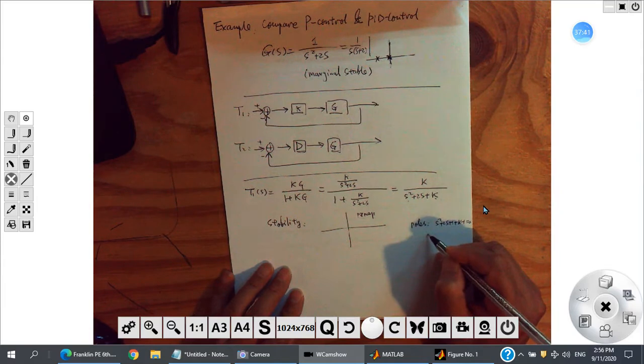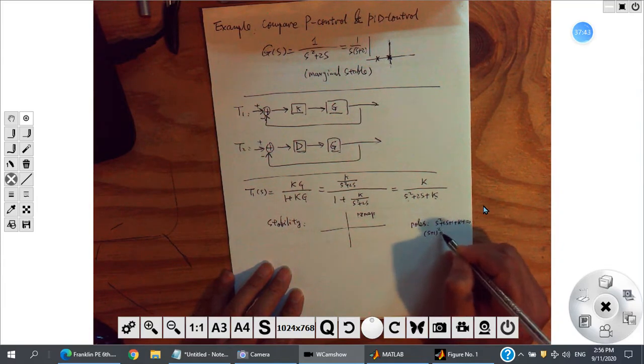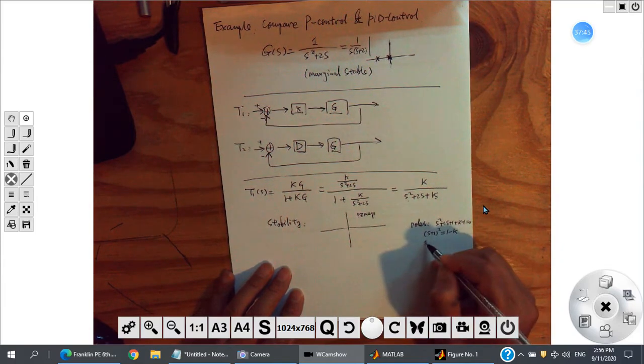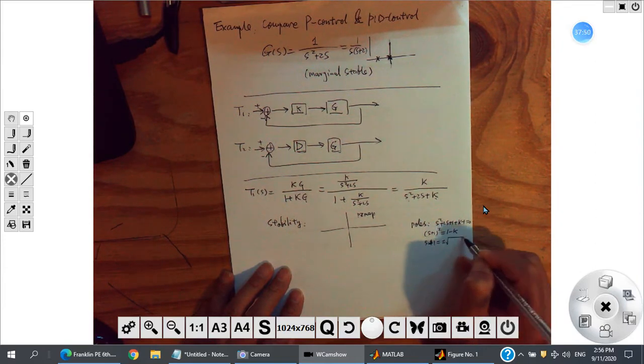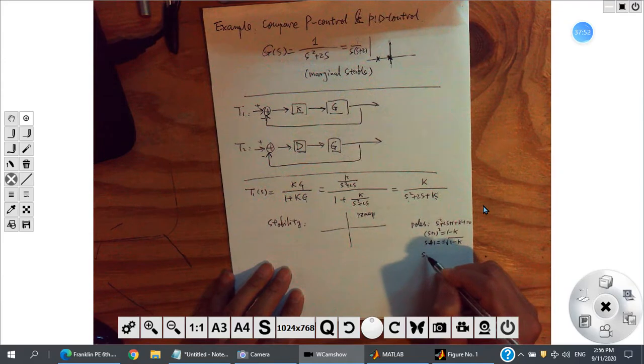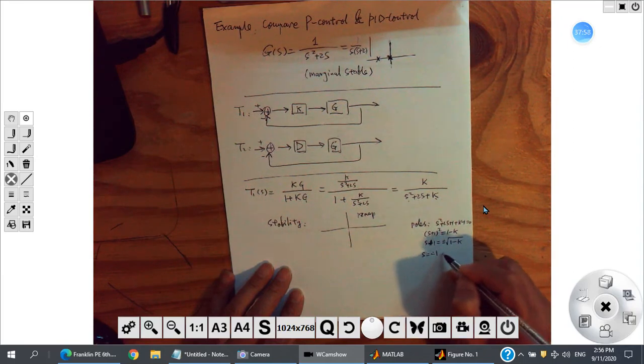So this is s plus 1 squared equal to 1 minus k. So s plus 1 equals plus or minus square root of this. So s equals negative 1 plus or minus square root of 1 minus k.